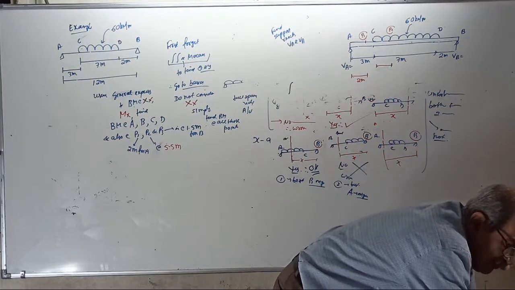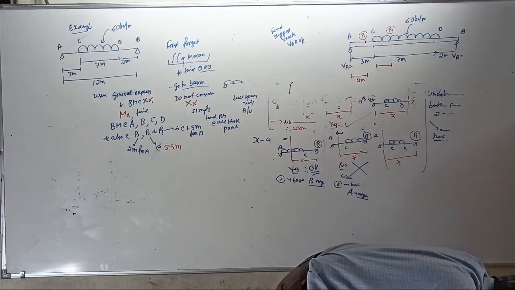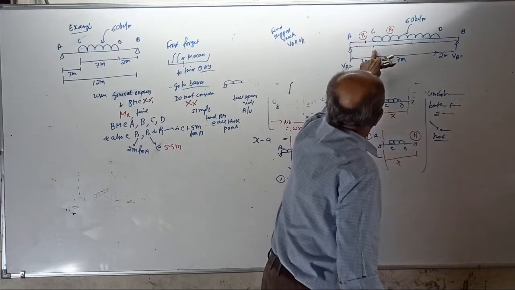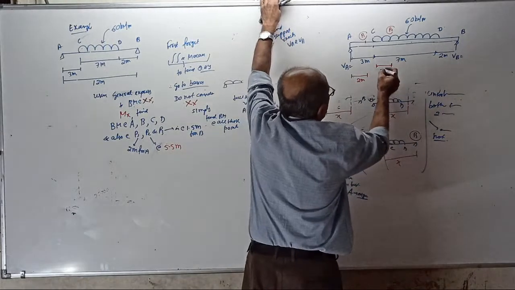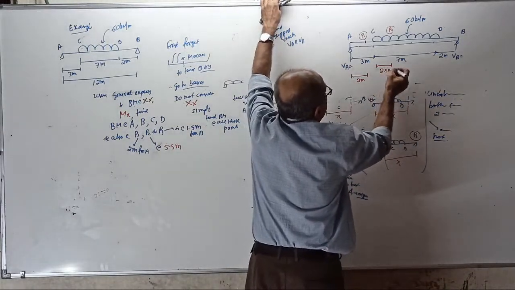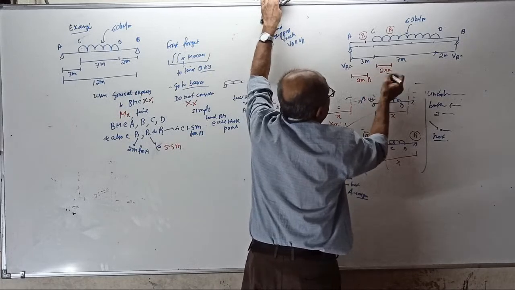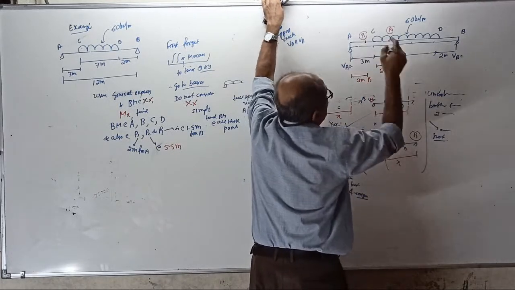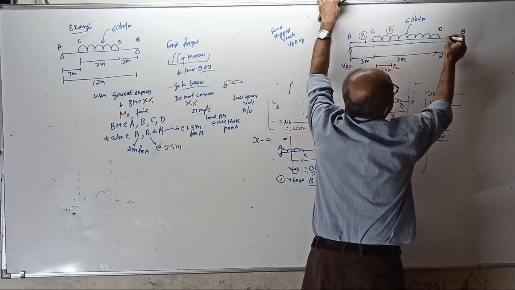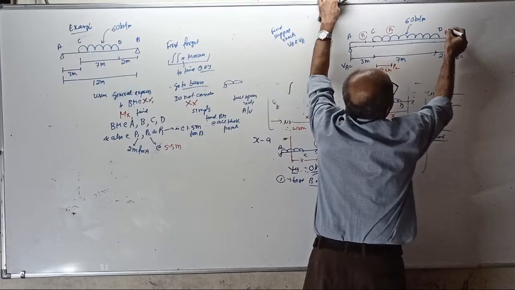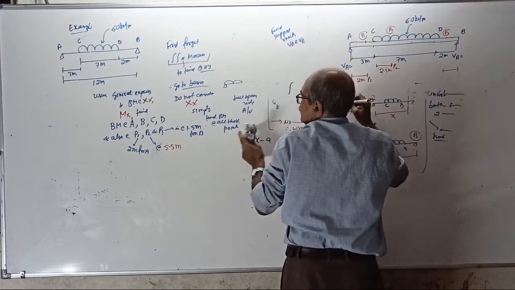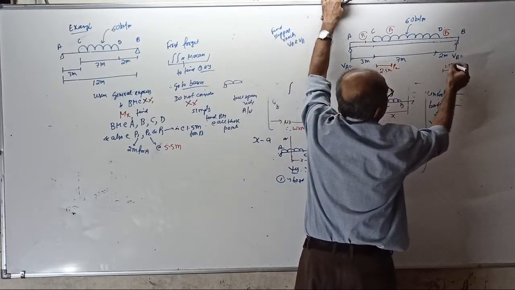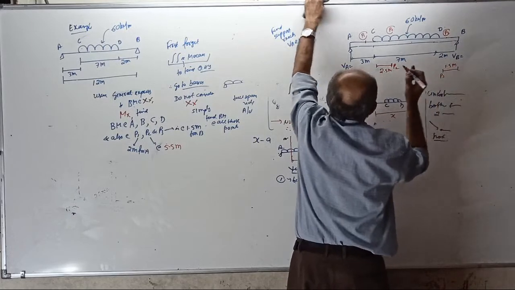Then from the nearest point here, how much? 2.5 meter. This is your point P1. This is the point P2. P3 is somewhere here, an unknown point. That P3 point from the right end is at 1.5 meter. This is the point P3.